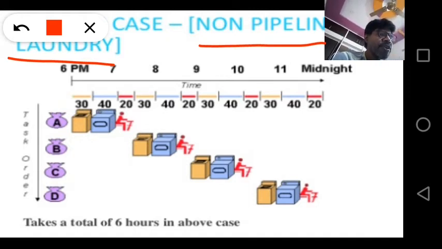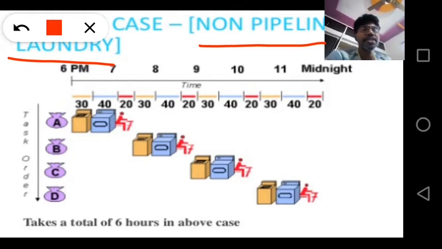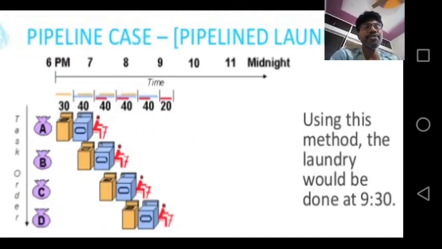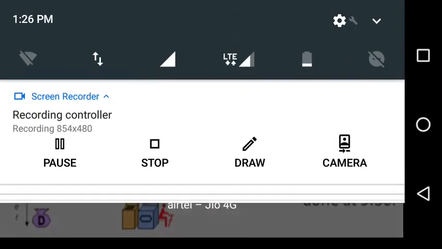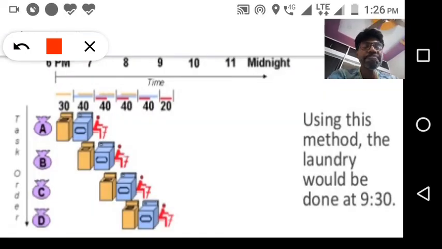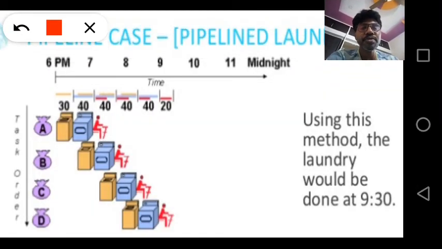what happens if you take the pipeline architecture or pipeline technique. When load A is first washed, then when it completes and moves for drying, the second load will come.